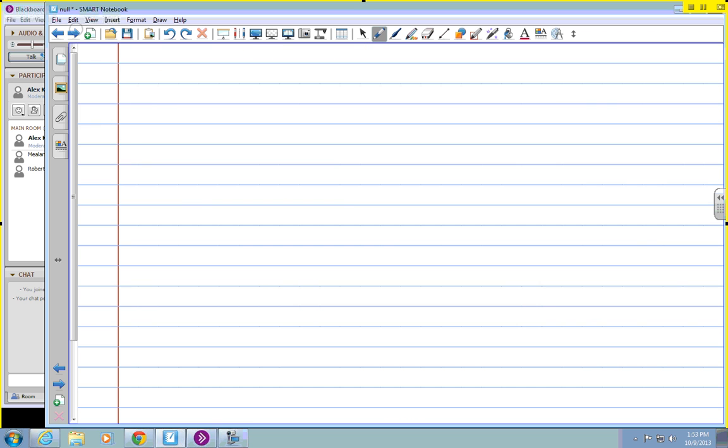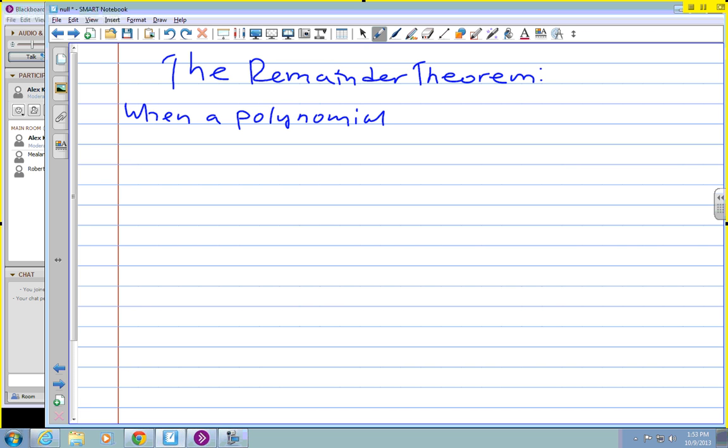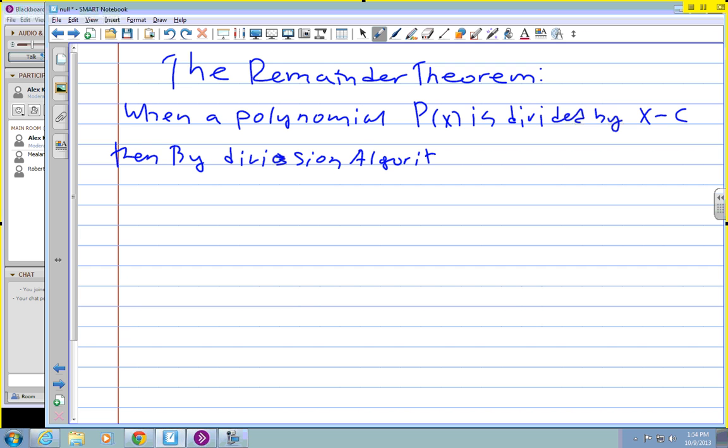Okay? So this gives us what we call the remainder theorem. That when a polynomial, let's say p of x, is divided by x minus c, so by some linear term, then by division algorithm, we get p of x equals x minus c as our divisor times some quotient polynomial plus the remainder.